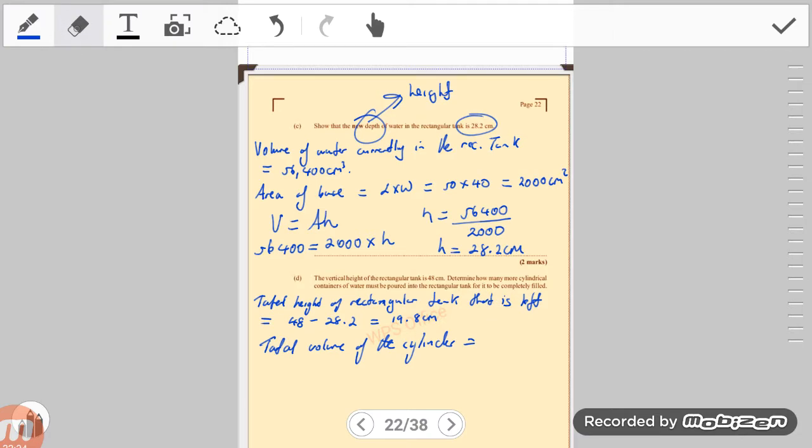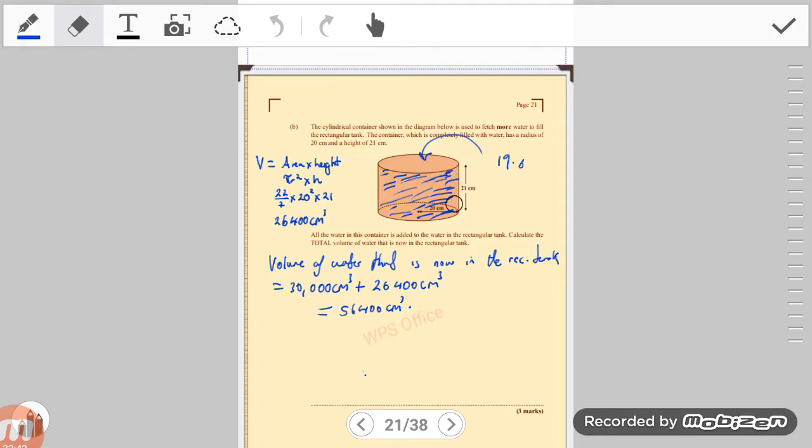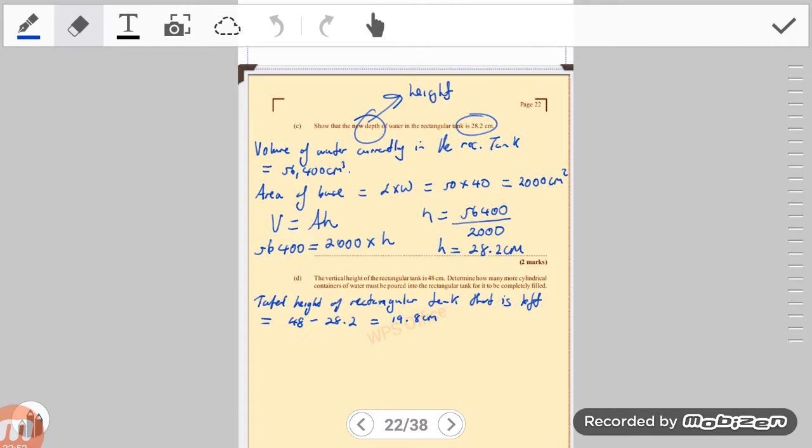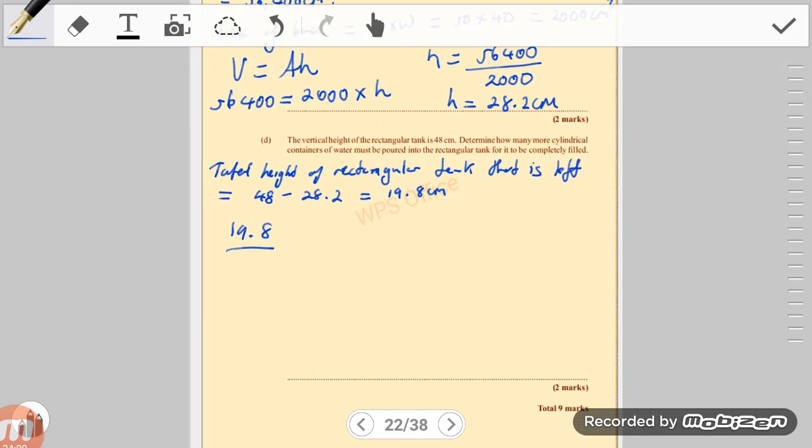In fact, what is better is, rather than finding the total volume of the tank, we already know two very important pieces of information. We know the actual height of this is 21 and the actual height that is left is 19.8. So what we can do is take the height that is left, 19.8, and divide this by the height of the water that the cylindrical tank can hold.